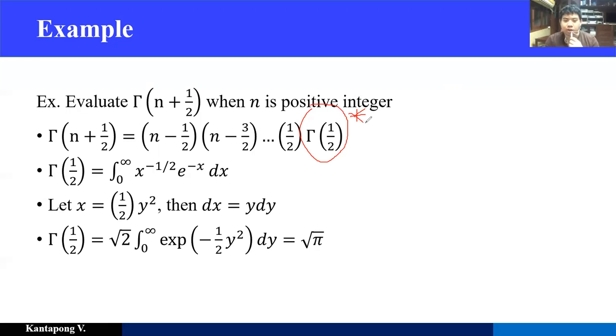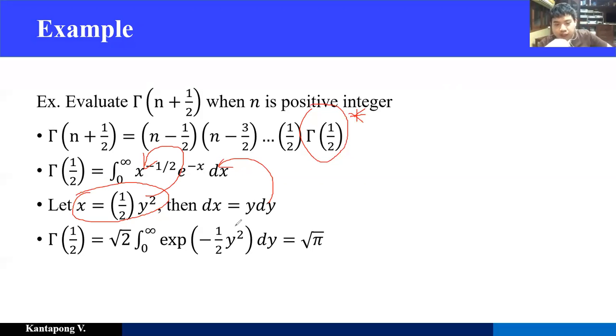But we could use some creativity here: the substitution, where dx equals y dy. You can substitute x and dx if you define x and y to be in a relation like this.